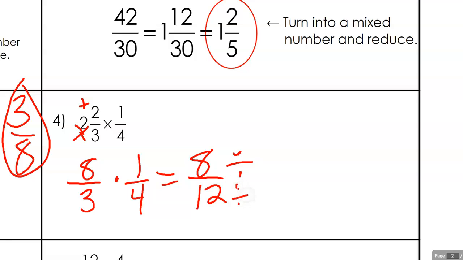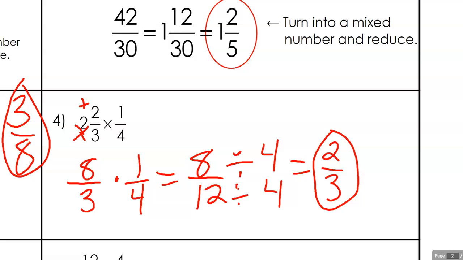So when you're reducing, what number will go into both 8 and 12? The greatest common factor, try 4, okay? 8 divided by 4 gives you 2. And 12 divided by 4 gives you 3. And this fraction is reduced, okay? So there again, don't forget you can cancel out diagonally, all right?